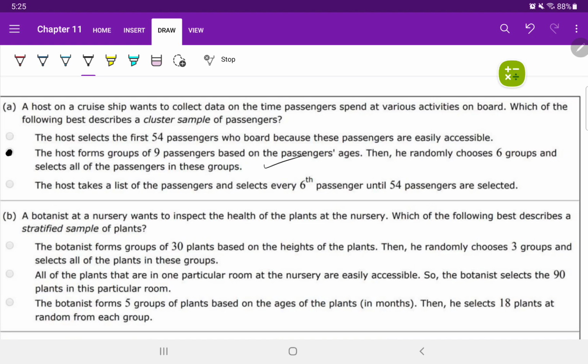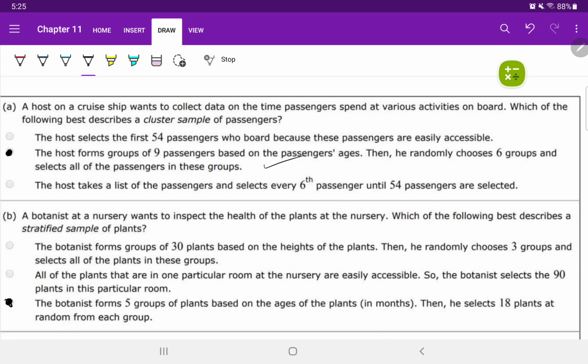B. A botanist at a nursery wants to inspect the health of plants at a nursery. Which of the following best describes a stratified sample of plants? And the answer will be the last option. Once again, stratified sampling is to divide your population based on some sort of characteristic, and then you choose a certain amount of subjects from each group.